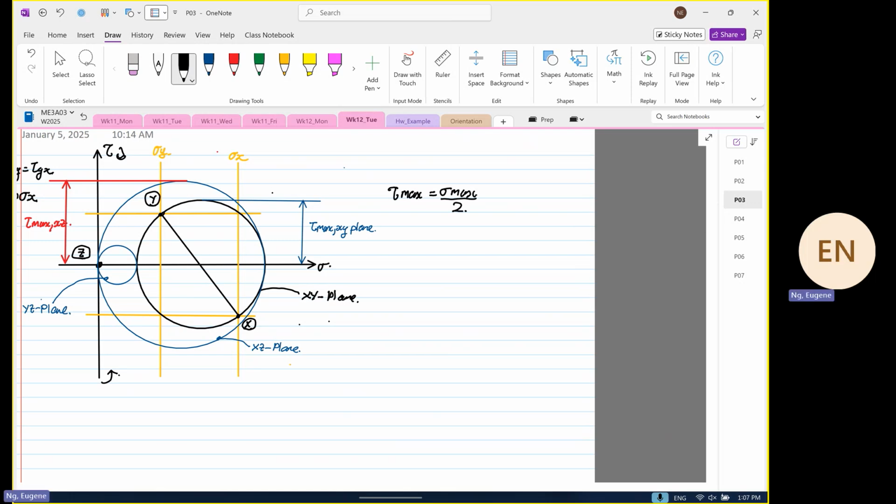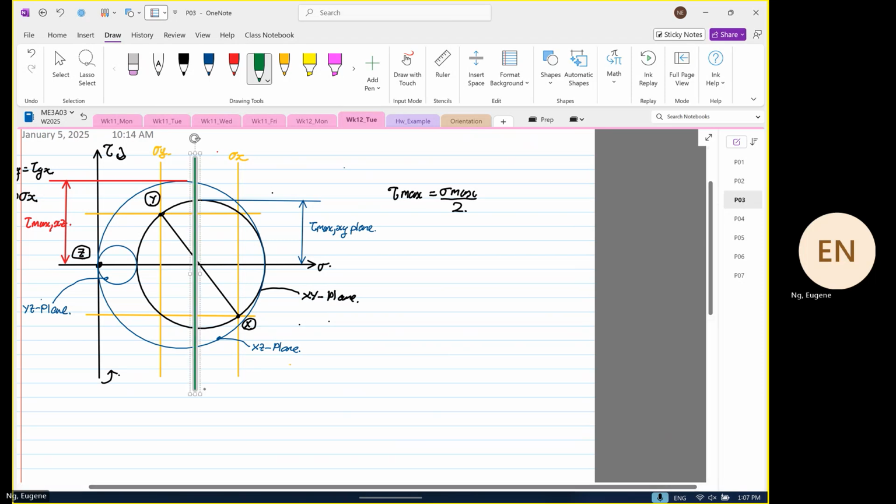Okay, we go. So in order to do that, what we have to do now is we have to determine two things. Okay, we have to determine where this line is. And this corresponds to the distance from here to here.